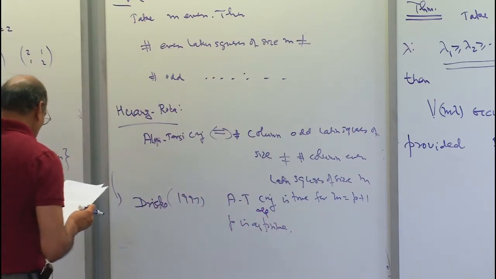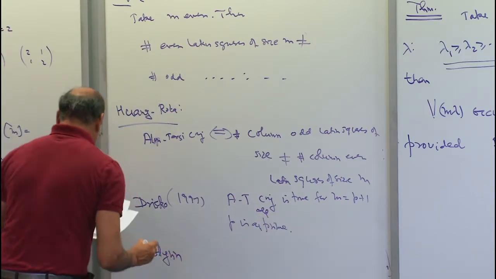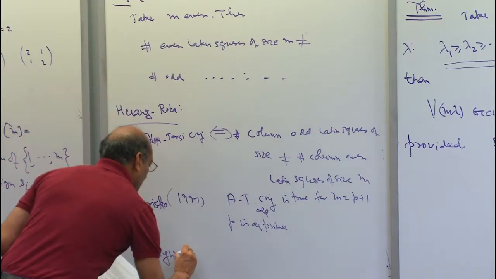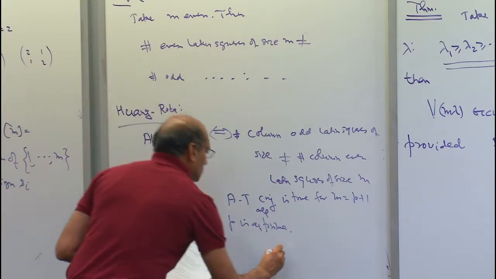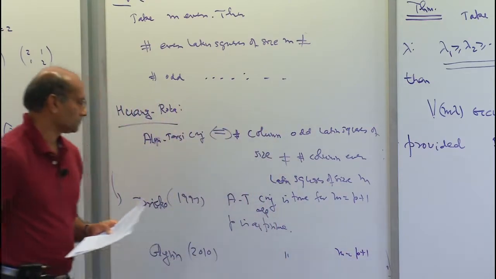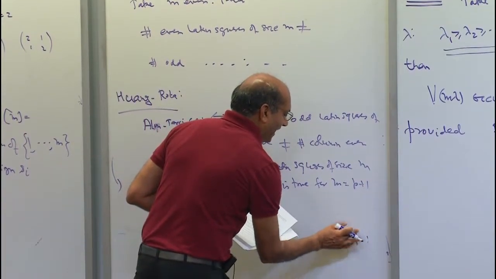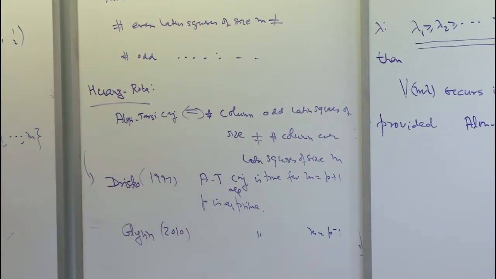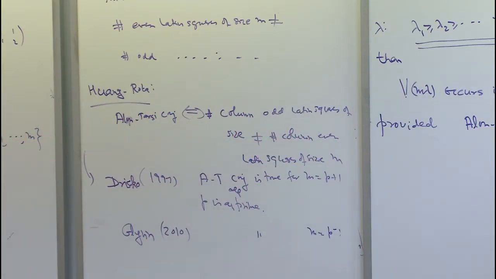And then Glynn, and that is 2010 actually, proved it's true for m equals p minus 1. Oh, I didn't realize that it was as late. Oh, sorry, yes, exactly, of course. Otherwise, it would be scandalous that it took 13 years.